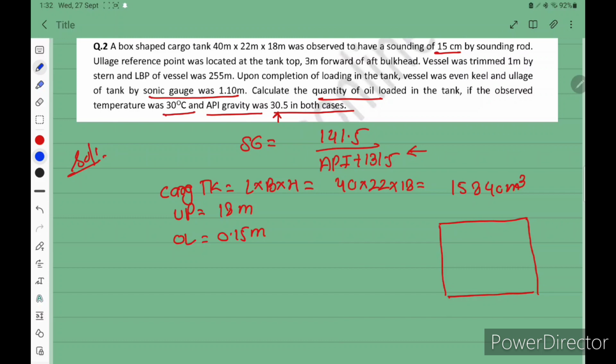So 15 centimeters. First we have to calculate whether a wedge is formed or not, so we have to use the wedge formula. Okay, so this is A, B, C, D.